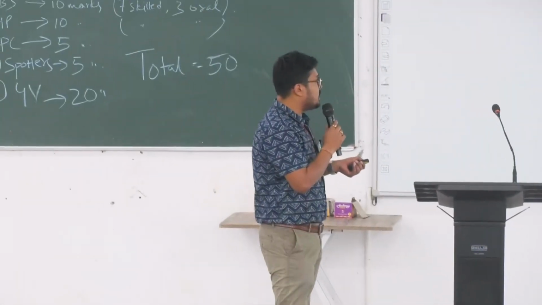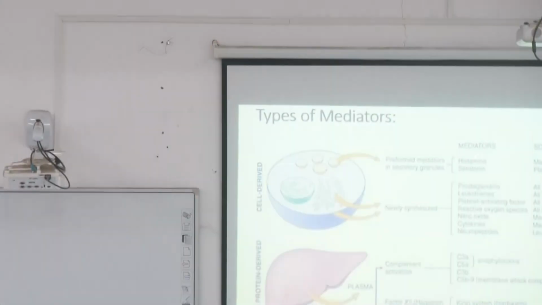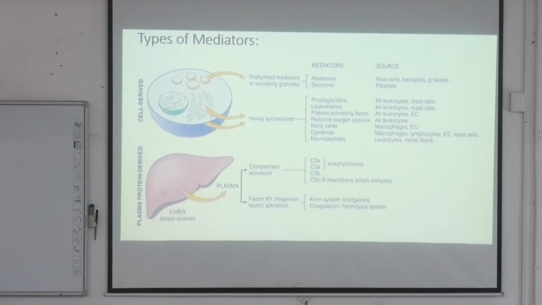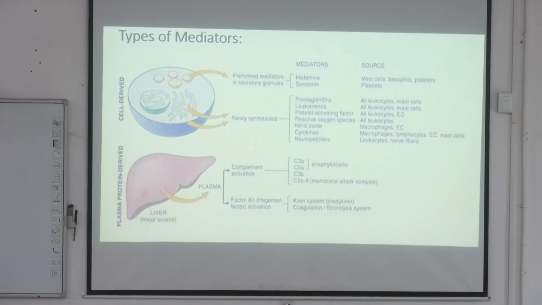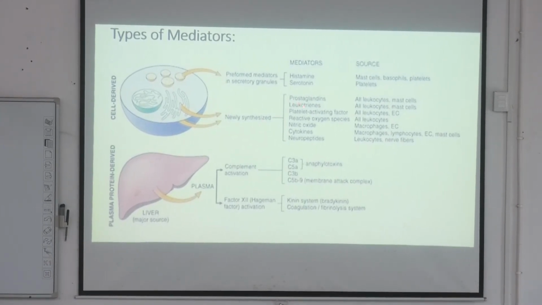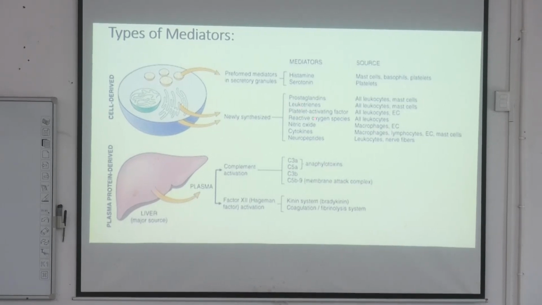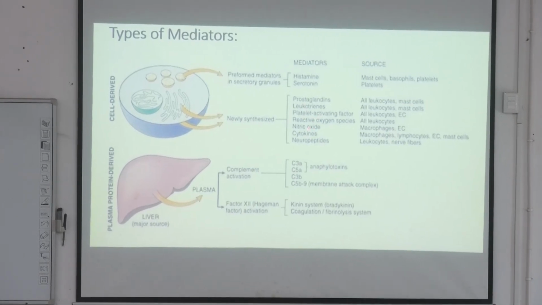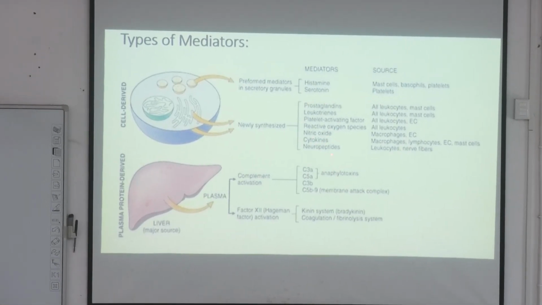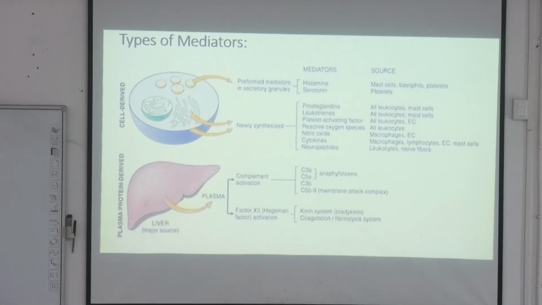The preformed mediators in secretory granules are histamine and serotonin, and their sources are mast cells, basophils, and platelets. Among the newly synthesized mediators, there are prostaglandins, leukotrienes, platelet activating factor, reactive oxygen species, nitric oxide, cytokines, and neuropeptides. These are all newly synthesized after the initiation of inflammation.